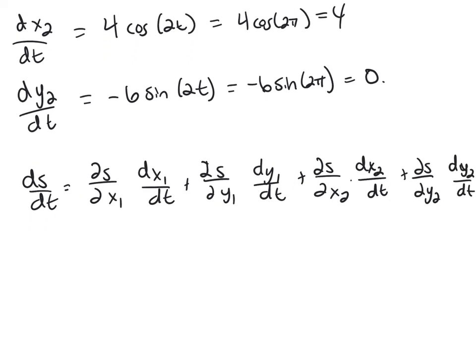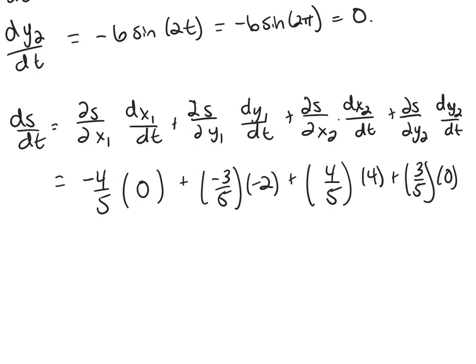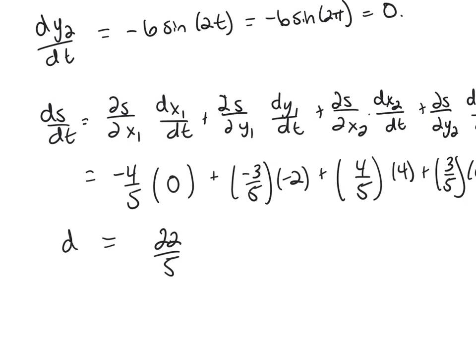Then we just plug in all of these things that we previously found. We had -4/5, -3/5, 4/5 and 3/5 for the partial derivatives, and now we fill in our derivatives: 0, -2, 4, and 0. Those were the last things we just calculated. In the end, if you simplify this, you'll get 22/5. And that's ds dt when t equals pi.